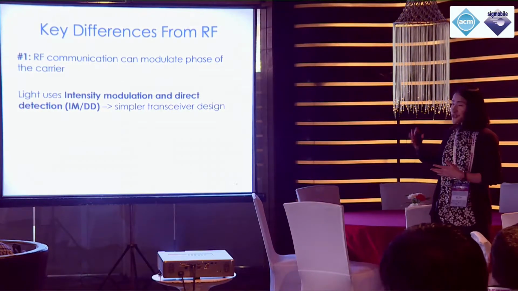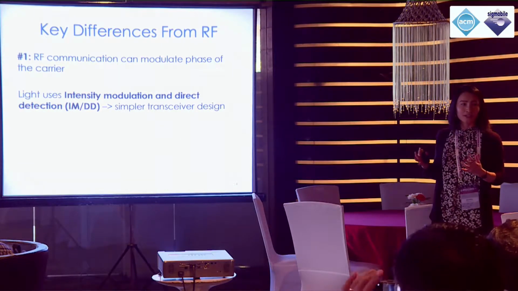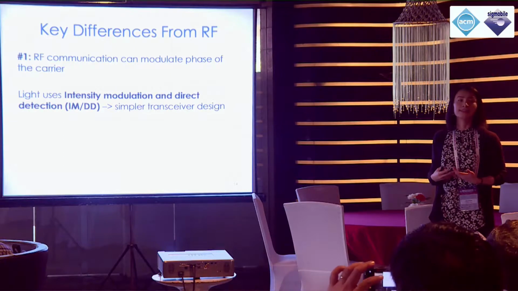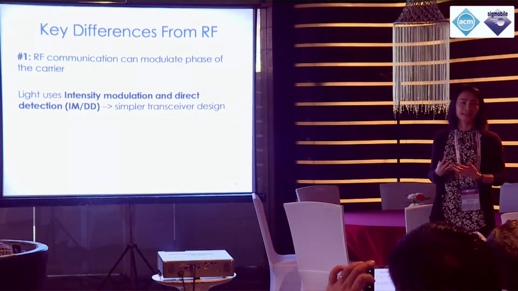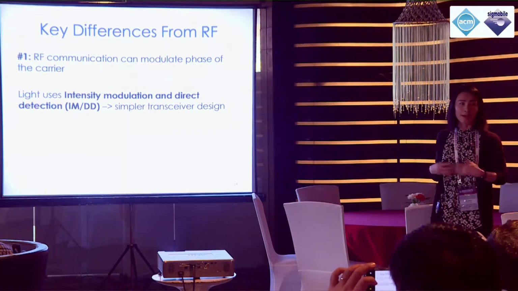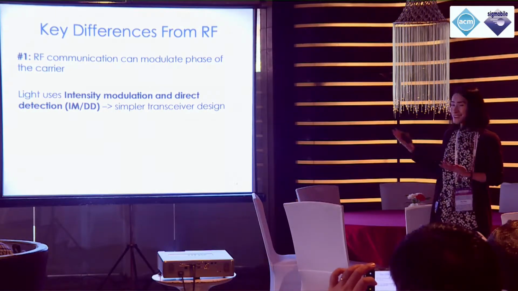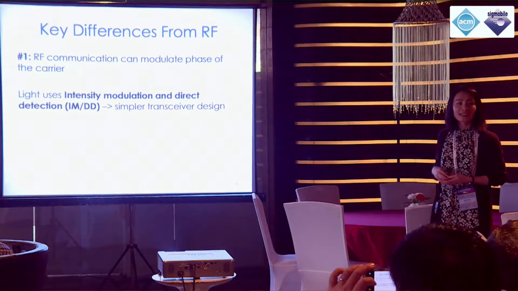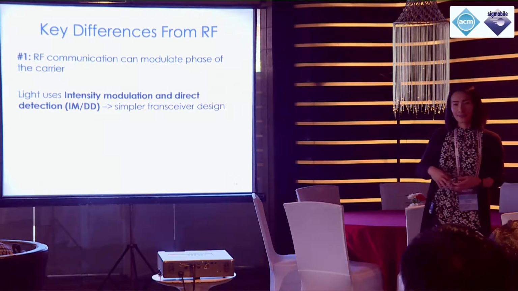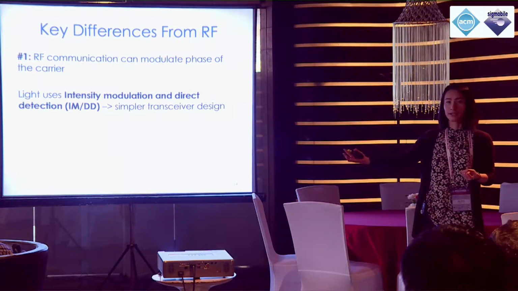So as a result, all the light communication modulation schemes that you see today are purely based on intensity. They change the intensity to encode the data. So it's called intensity modulation and direct detection. And it ends up with a much simpler transceiver design in comparison to the RF counterparts.